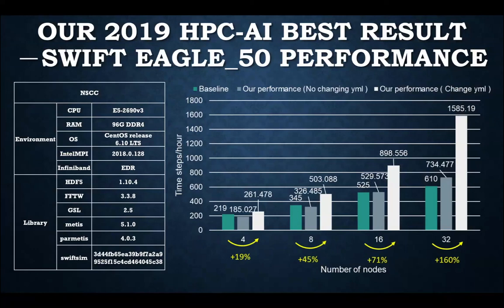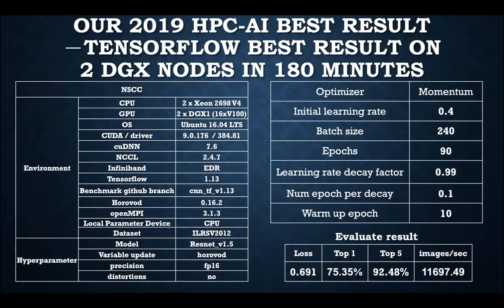This is the result of our competition. As you can see, in the beginning we didn't change the YAML file very much. After that, we found that the result was not what we expected, so we tried to find a way to change the data in the YAML.